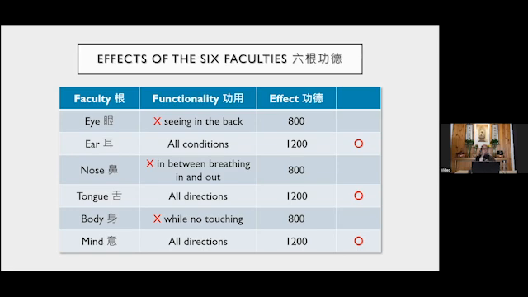But when in between, when I'm not breathing in and breathing out, I cannot sense. So when we use the breath as a practice, we always follow the sensation of the breath. So the nose still has only 2/3 of the effect.